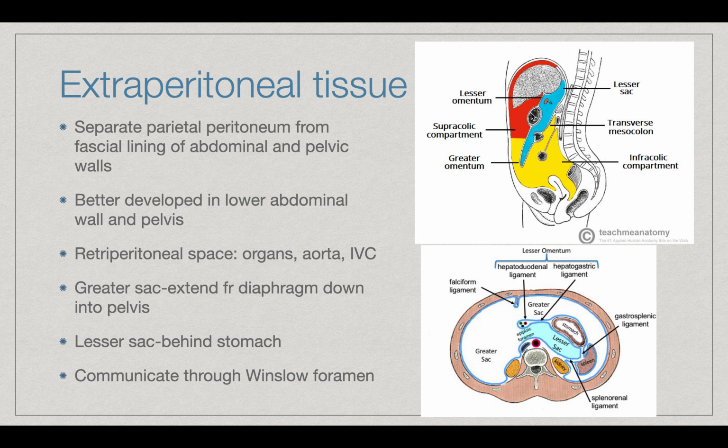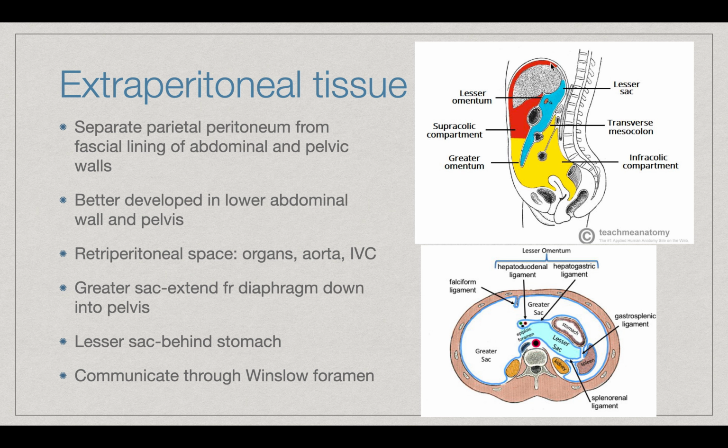The greater sac will be from the diaphragm down into the pelvis, and then the lesser sac is kind of held behind the stomach, and both will communicate through the Winslow foramen or the epiploic foramen.